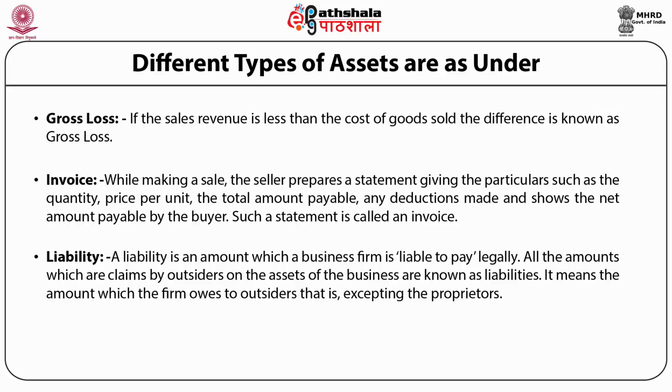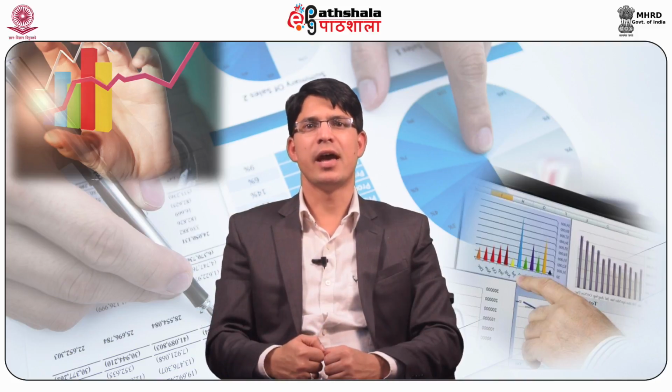It means the amount which the firm owes to outsiders, that is, except the proprietors. So we can say liabilities is equal to assets minus capital. Liabilities are classified into further categories as given below.